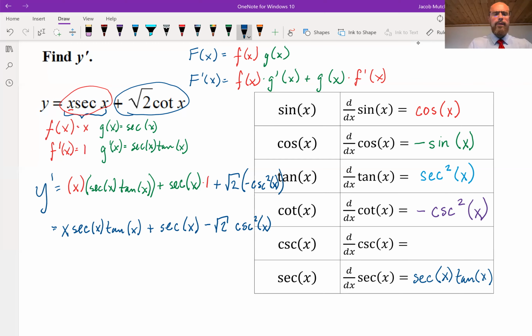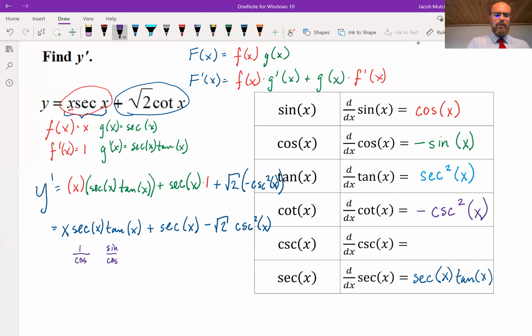The only part there that we could consider simplifying would be here with secant x tangent x. So we can just check secant is 1 over cosine, tangent is sine over cosine. And so I don't see any cancellations there.